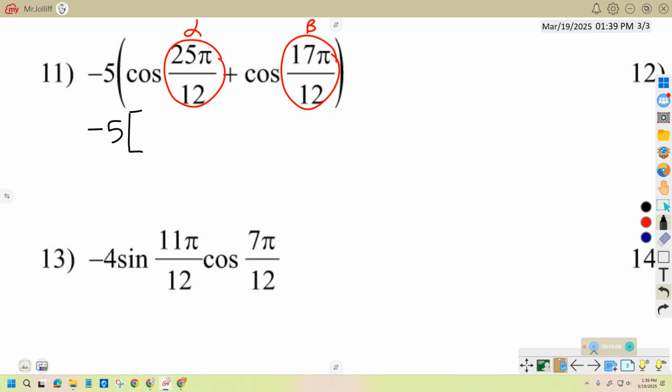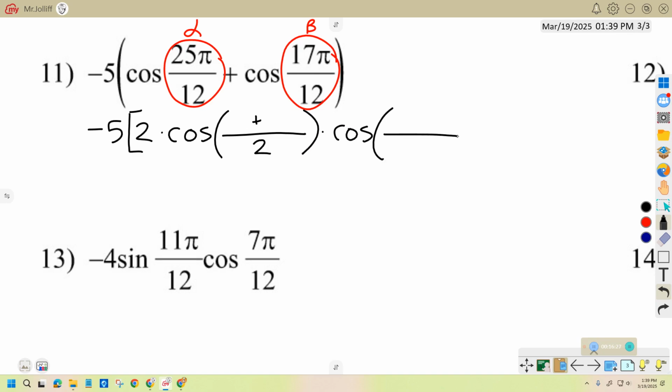And I think we just used this, didn't we? Cos plus cos is going to be 2 times cos of alpha plus beta over 2, times cos of alpha minus beta over 2. And we just got to plug in our alpha and our beta.